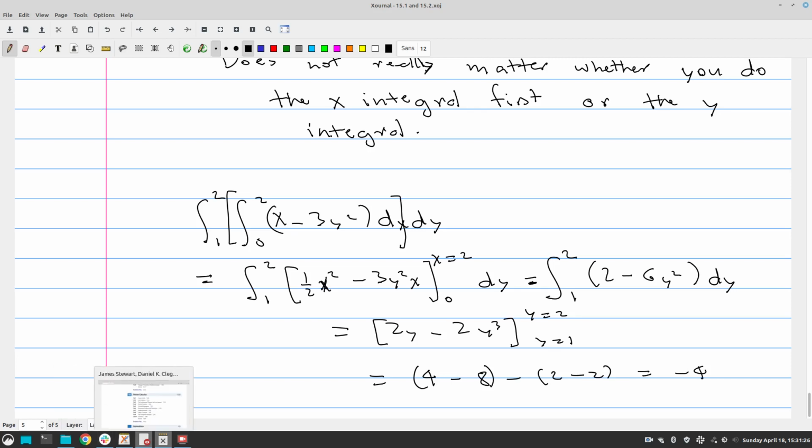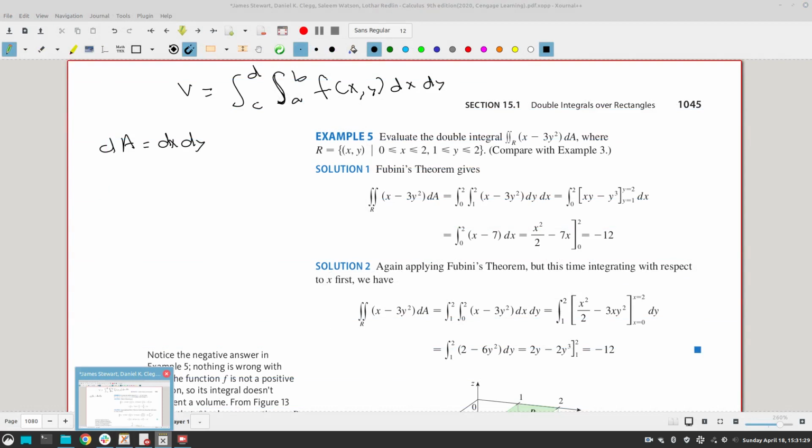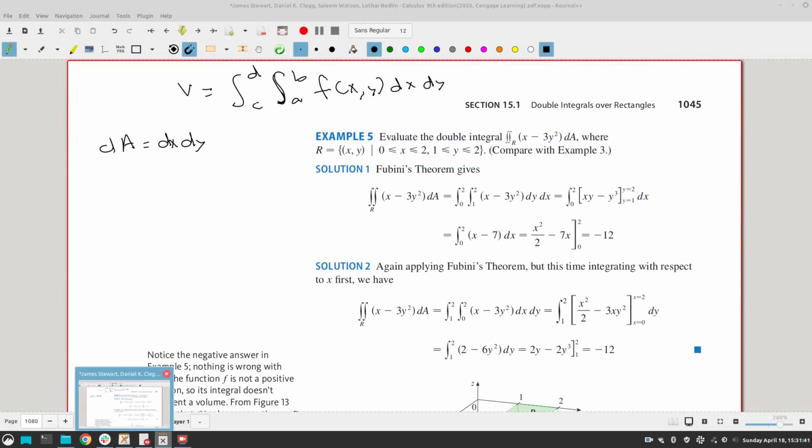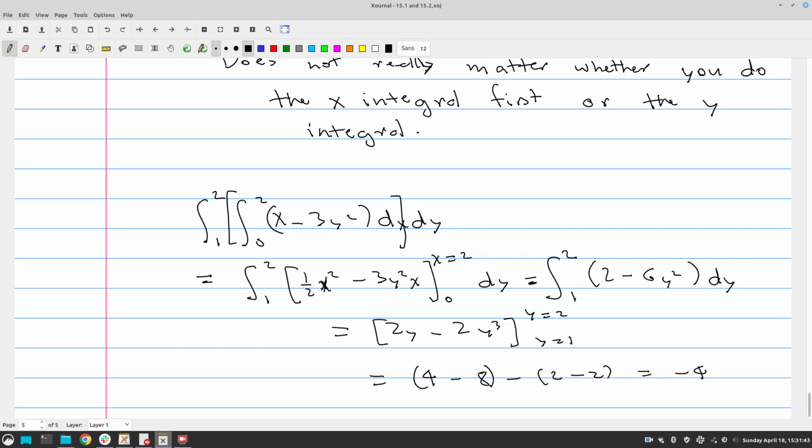I think I'm making a mistake somewhere here. The answer should be minus 12. Just give me a moment. Half x squared minus 3y squared x. 4 over 2 is 2 minus 6y squared. Okay, so you have 2y minus 2y cubed, 4 minus 8 minus 2 minus 2.